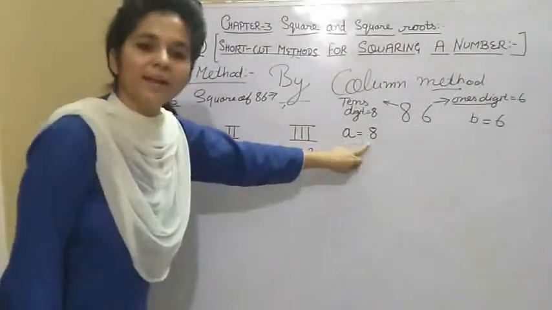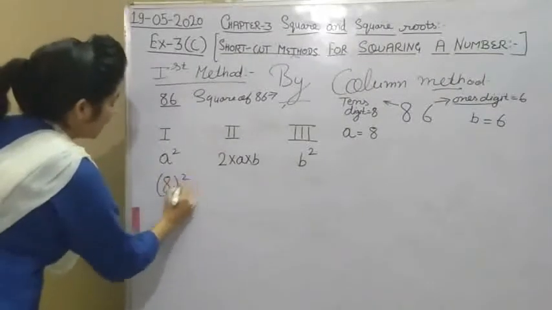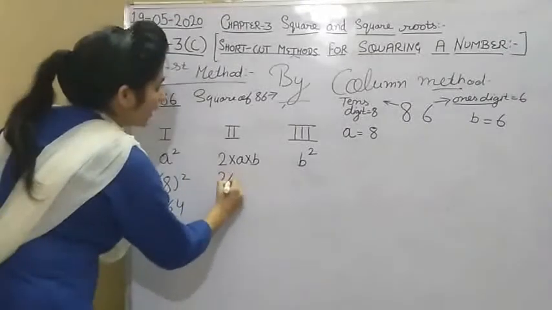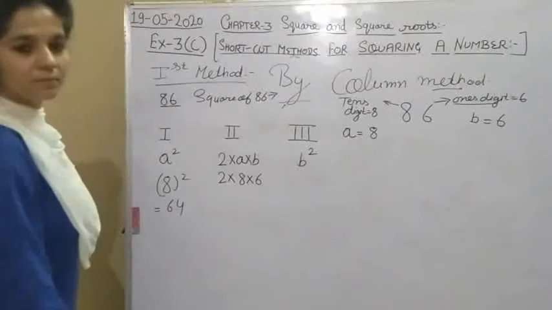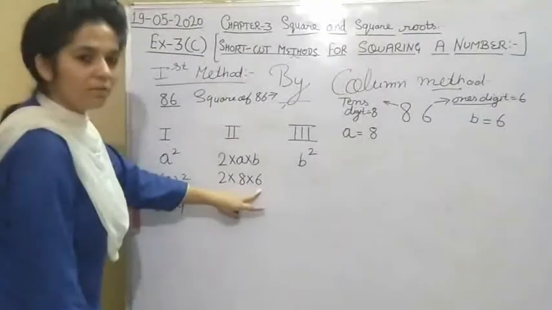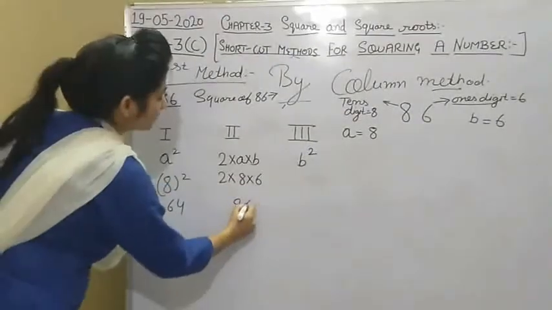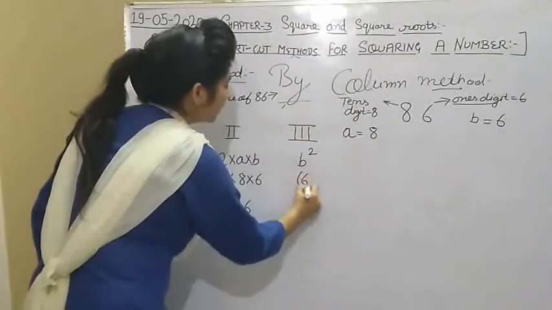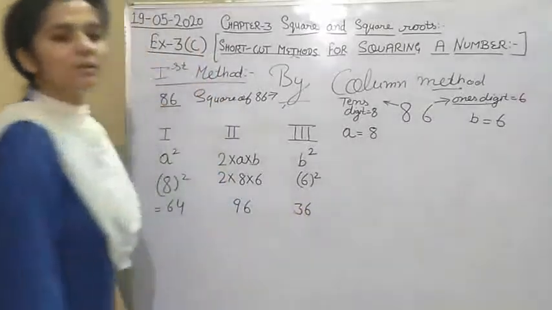The value of A is 8, so 8 square is equal to 64. 2 multiply 8 multiply 6: 2 sixes are 12, 12 eights are 96. And the value of B is 6, square is equal to 36.